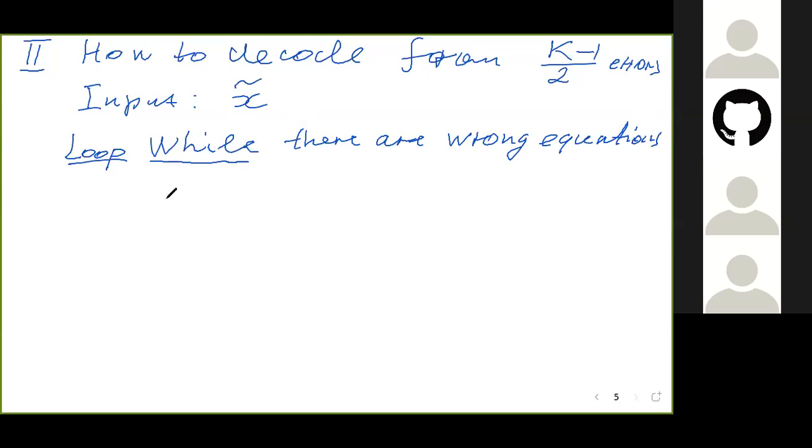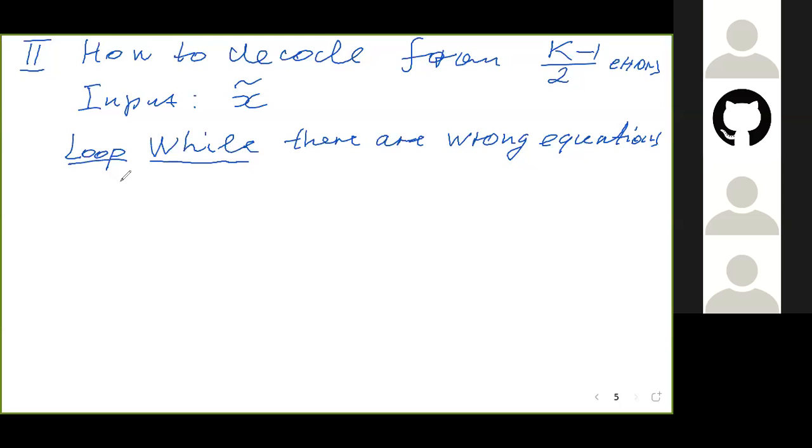And if flipping that bit decreases the number of wrong equations, we just flip that bit. So the idea is to decrease the number of wrong equations until it becomes 0.